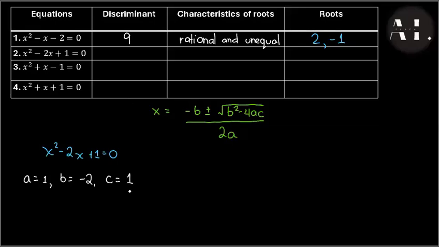Substitute the values of a, b, and c in our discriminant formula, b squared minus 4ac. Simplify, negative 2 squared is equal to 4.